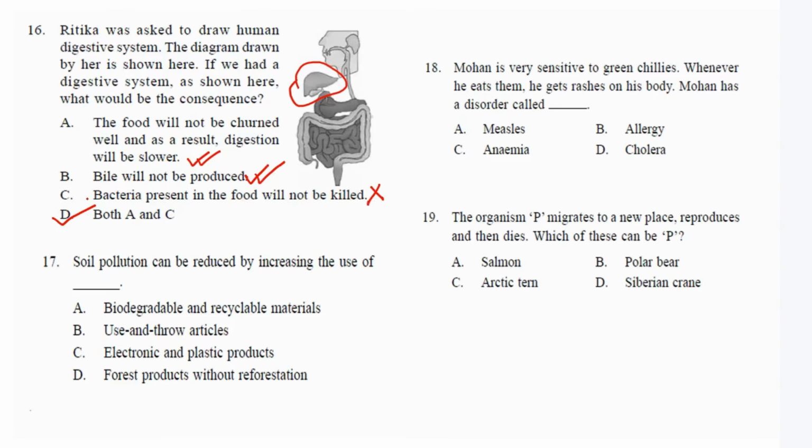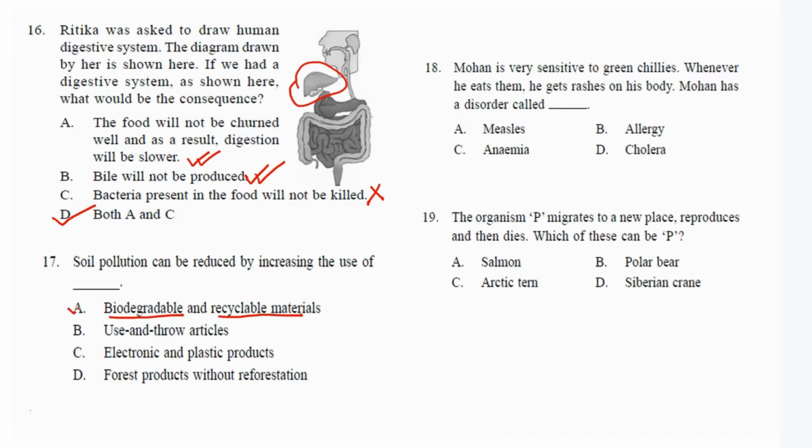Coming to question number 17, soil pollution can be reduced by increasing the use of. So we know soil pollution can be reduced. How? If we use biodegradable and recyclable materials. These are the things that easily get decomposed and they don't cause any pollution.